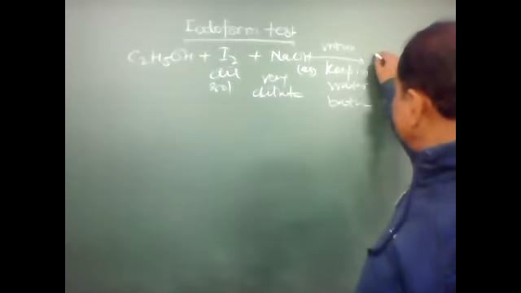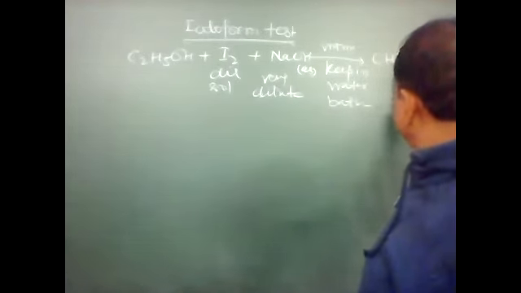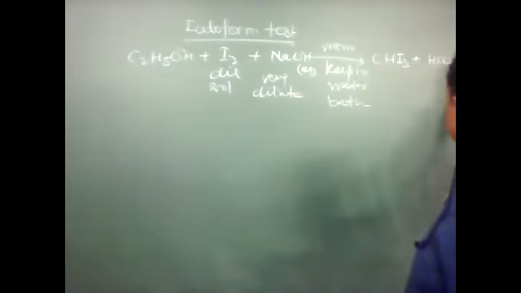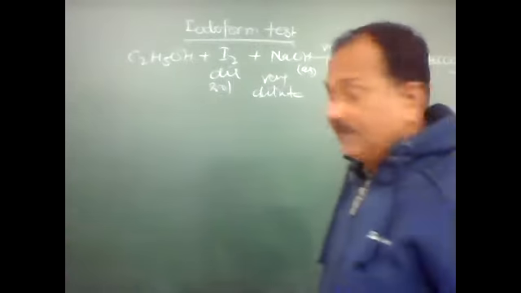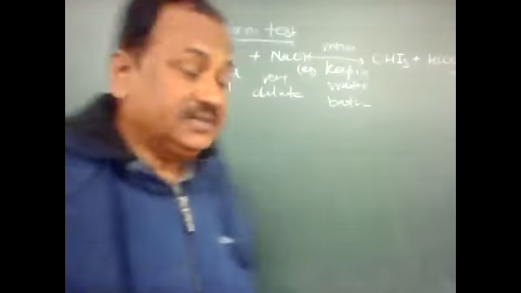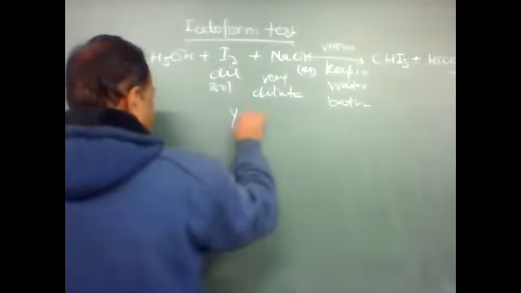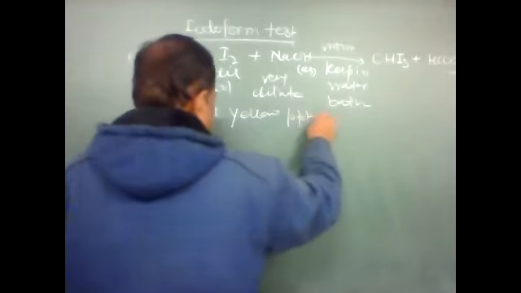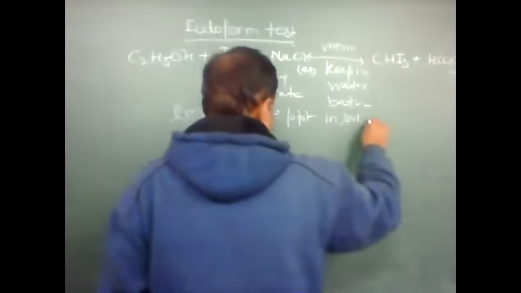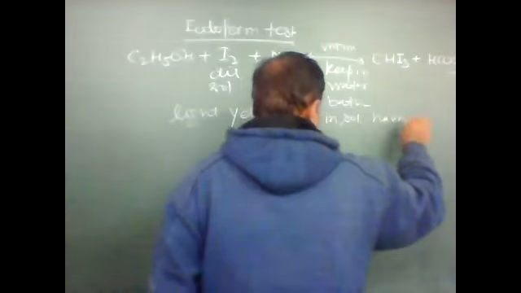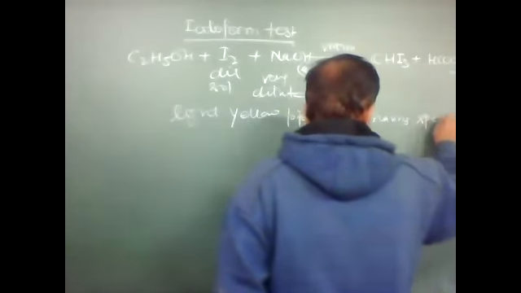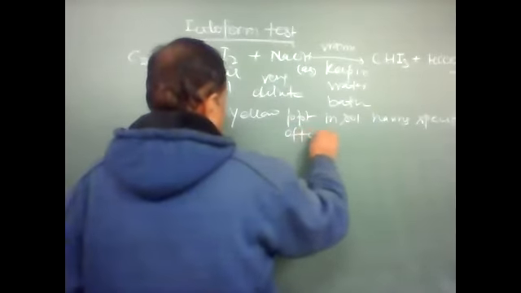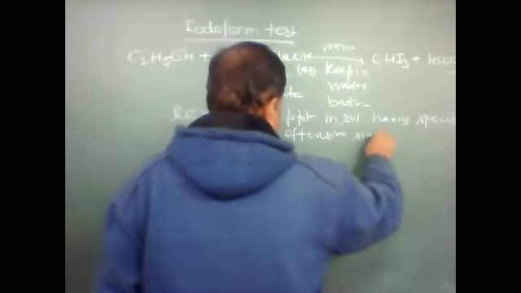So there is formation of CHI3 plus HCOONa, and this is characterized by a light yellow precipitate in solution having a specific offensive smell.